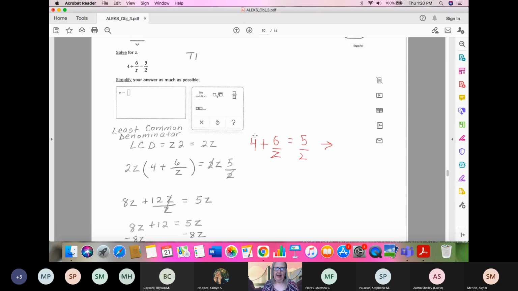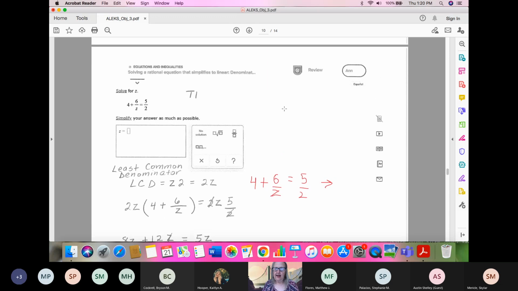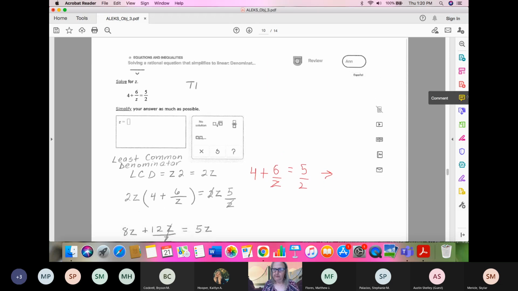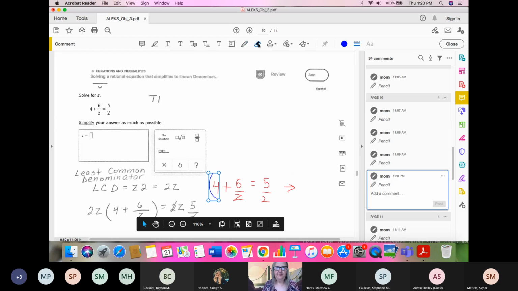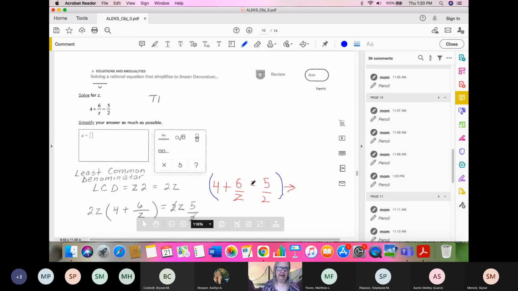So we want to take and multiply this side right here. Write it like this if you wish. I'm going to multiply everything on both sides by 2z. That's what we really need to do.